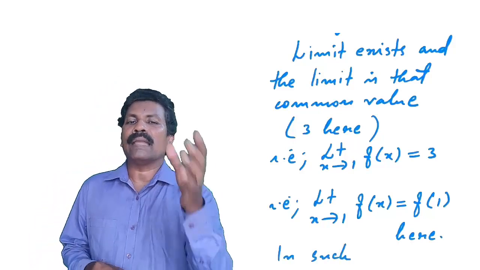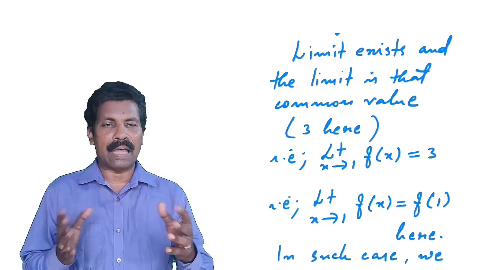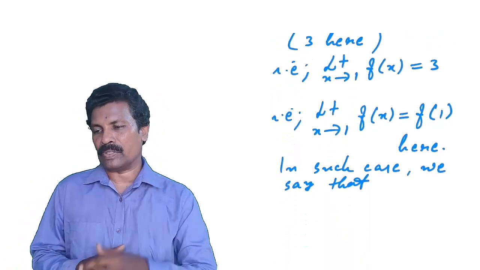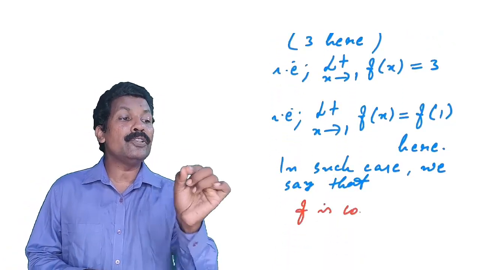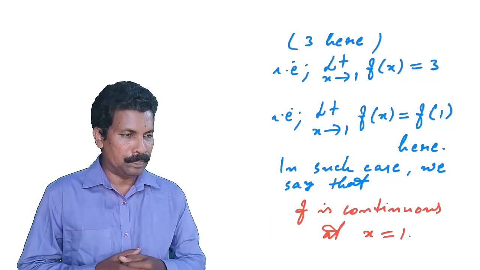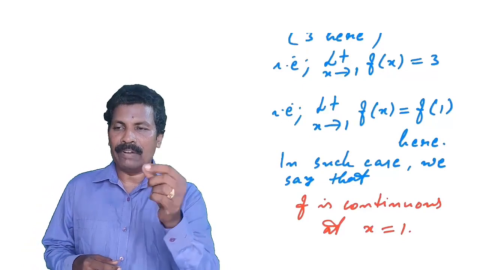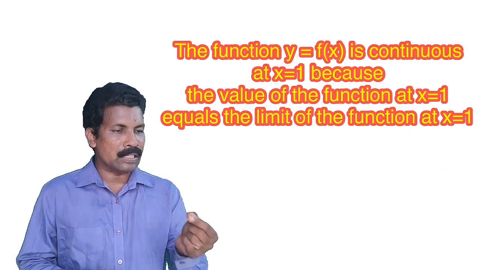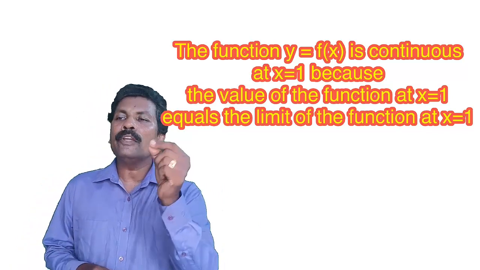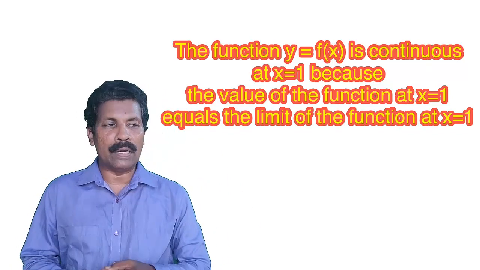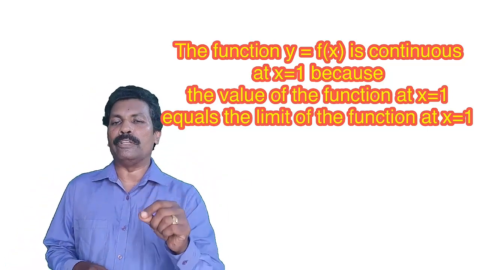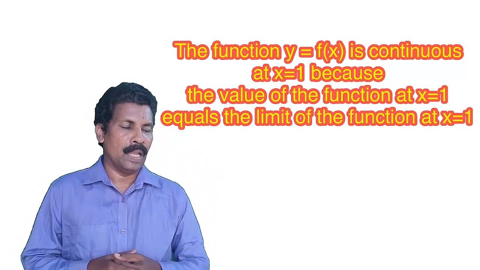Then, in such a case, we can say that the given function y is equal to f(x) is continuous at that point x equal to 1, because the value of the function at x equal to 1 equals the limit of the function at that point x equal to 1.